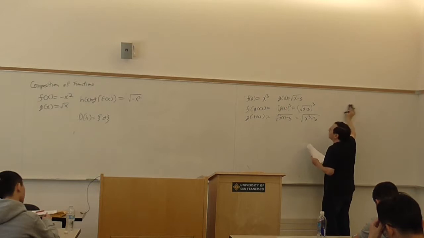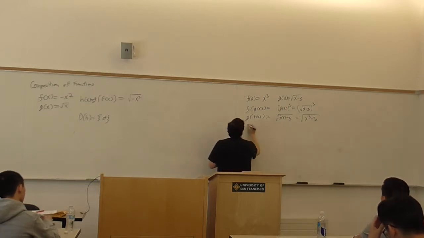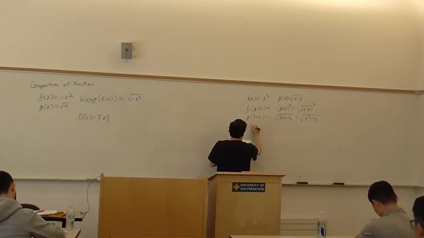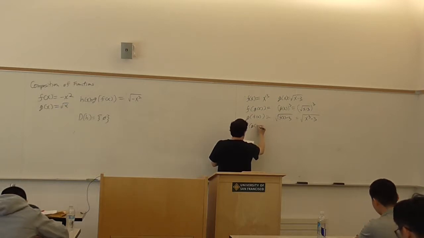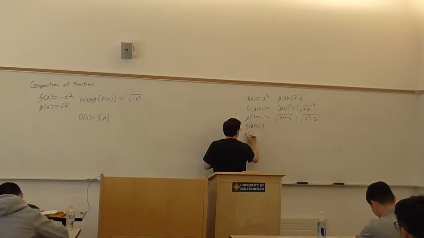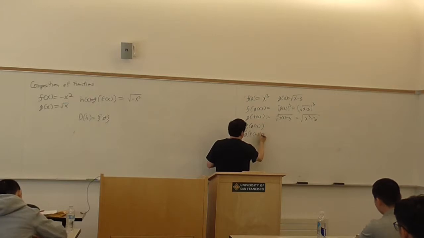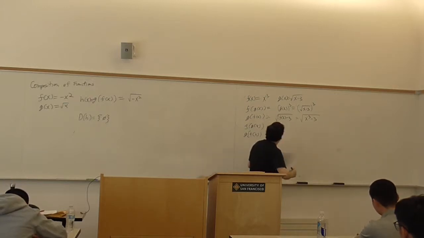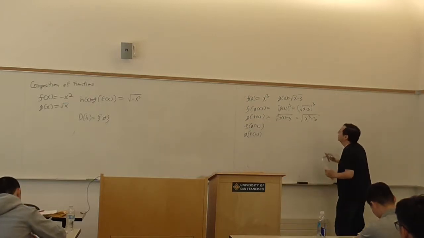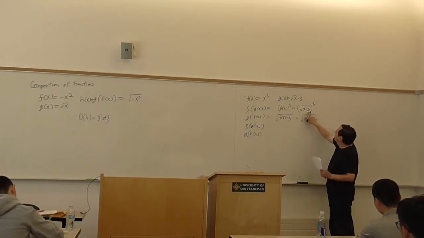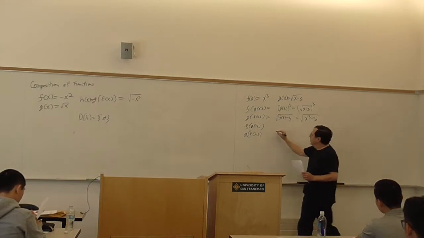We'll do it anyway. So what is f of g of 4? And what's g of f of 4? Well, f of g of 4: 4 minus 3 is 1, square root of 1 is 1, 1 cubed is 1.